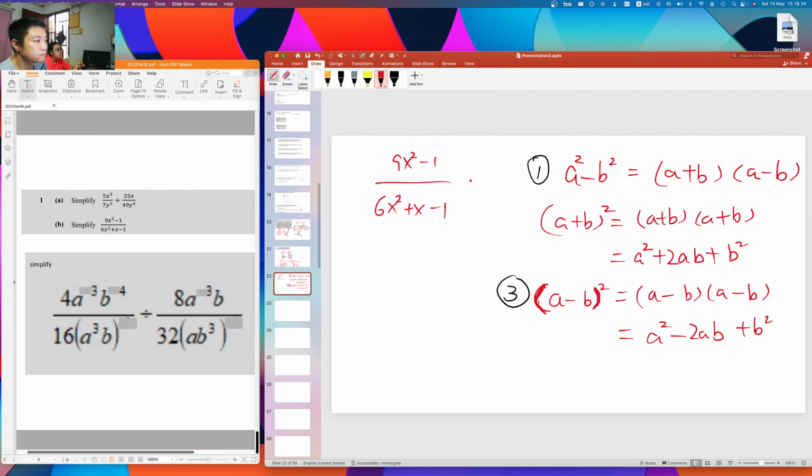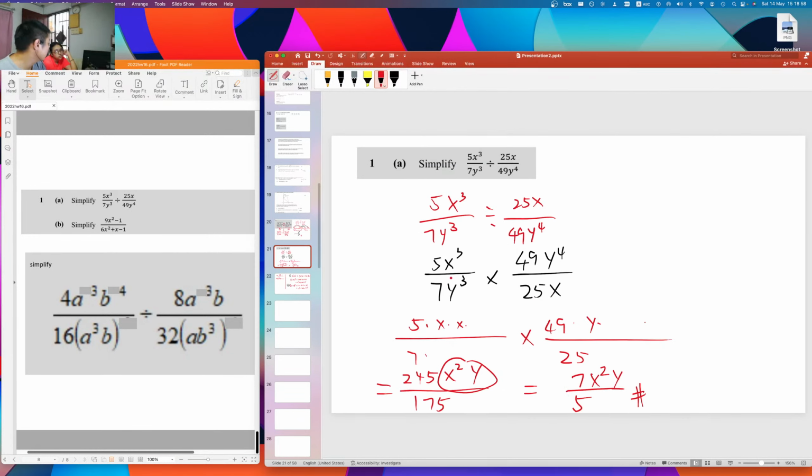So now, if you look at this, 9x squared, if you split, I'm talking about the numerator first. Then later we talk about the denominator. So when it comes to this kind of question, you need to do something to the numerator, you need to do something to the denominator. Same thing.